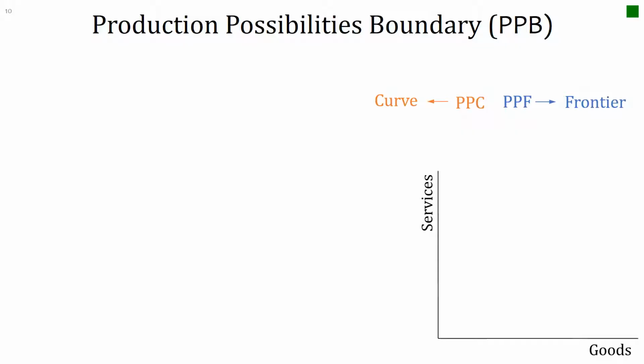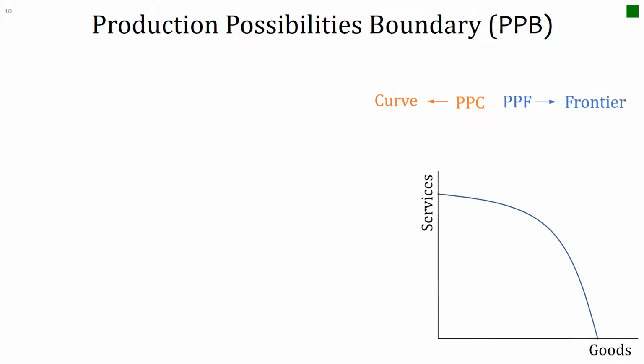Something that you've seen before is this idea of the production possibilities boundary or curve, and sometimes it's also called production possibilities frontier. So PPB, PPC, and PPF, they're all the same thing. And the shape of it looks like that usually, right?